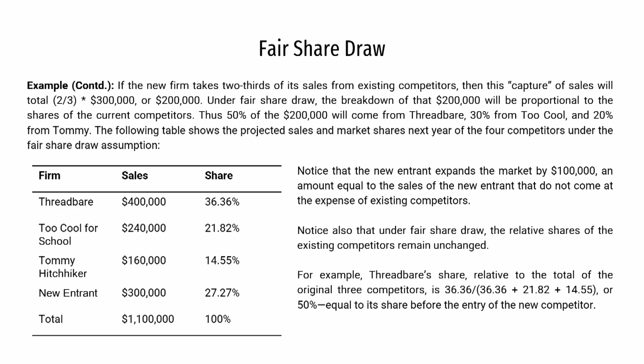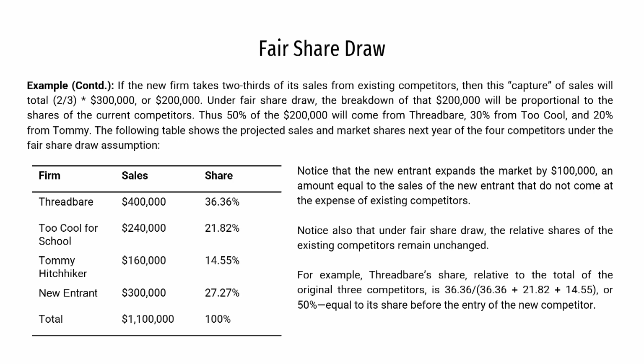If the new firm takes 2/3 of its sales from the existing competitors, then this capture of sales will total 2/3 multiplied by 300,000, that is 2 lakh. So, brands Threadbare, Too Cool for School and Tommy Hitchhiker all together will have a compromise of 200,000.